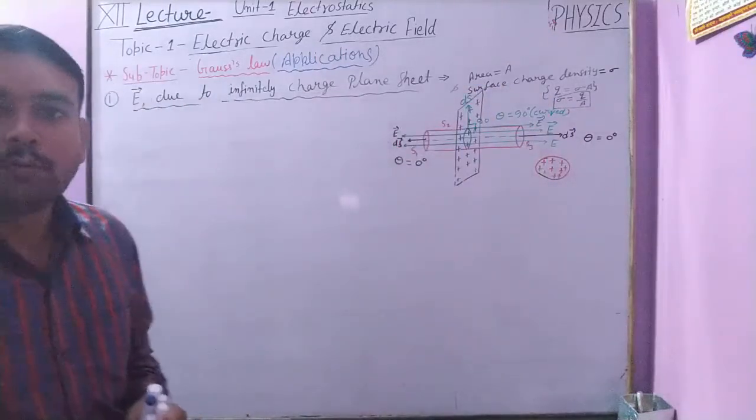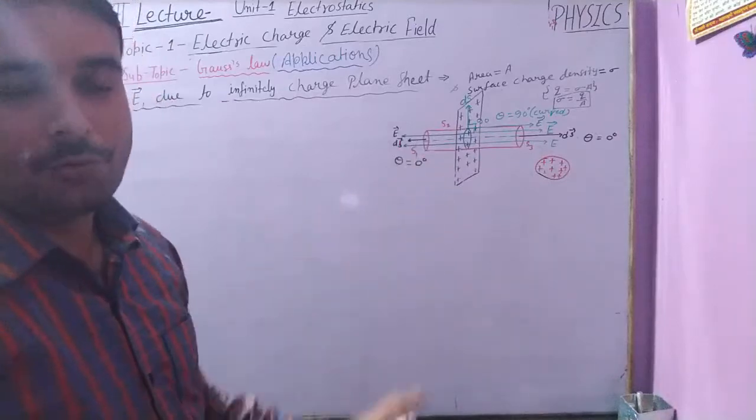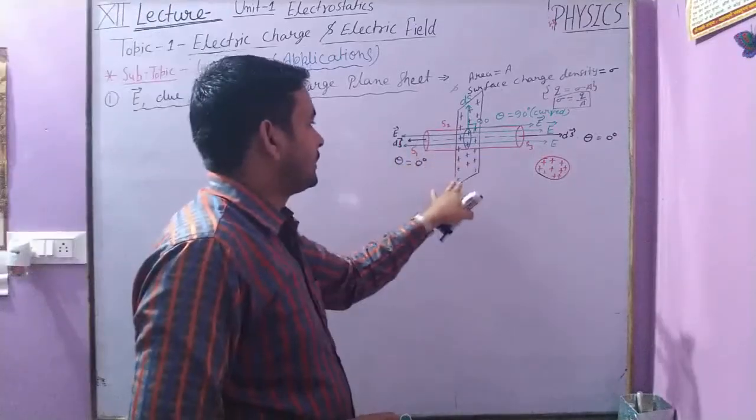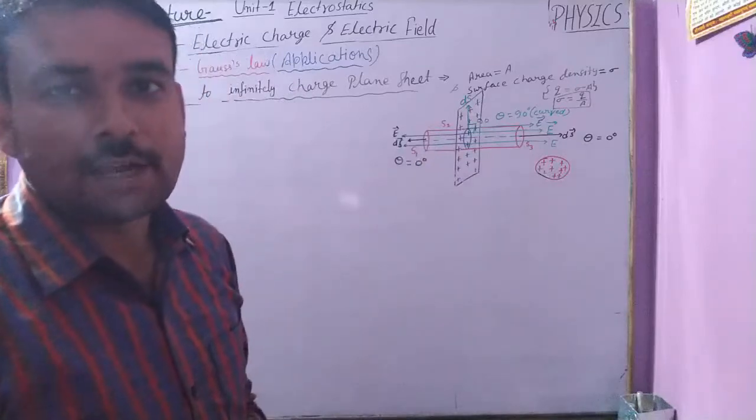Now it is very easily clear to you how you can consider a Gaussian surface for an infinitely charged plane sheet.